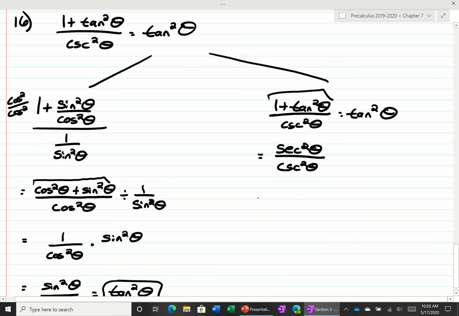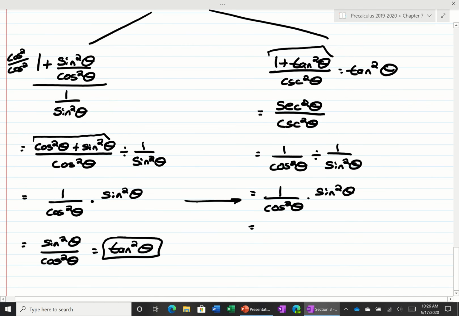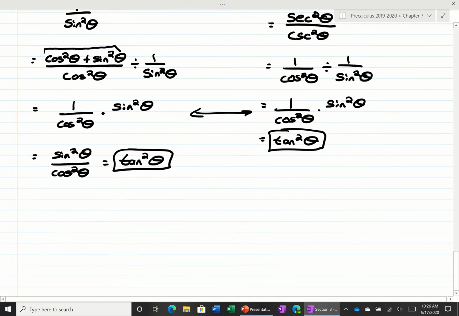Secant squared is just 1 over cosine squared. We're dividing by cosecant squared, and you wind up with 1 over cosine squared times sine squared, which is exactly what we were doing over here. The answer is just tangent squared of theta. So there are multiple ways you could do these problems. I think most of you would find the first way a little bit easier, converting to sines and cosines.